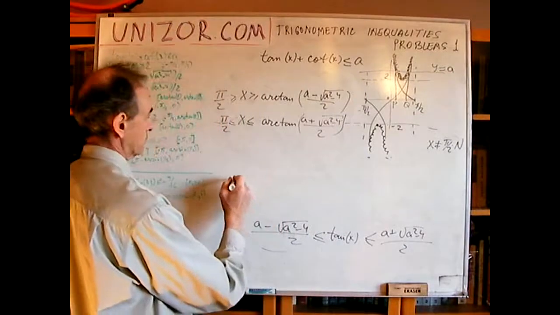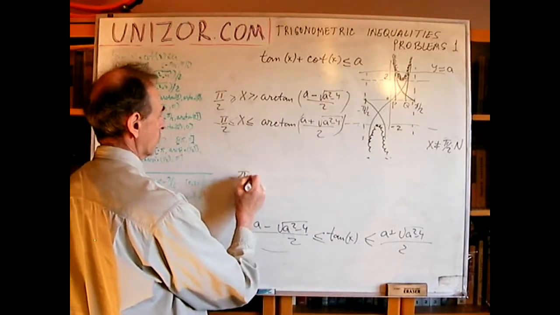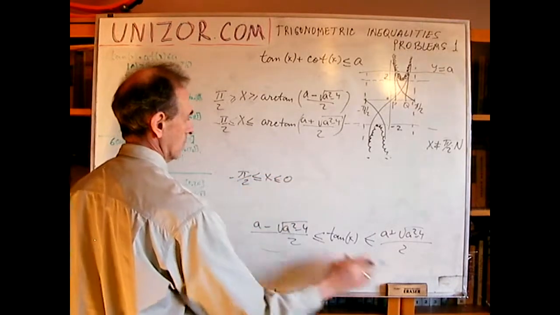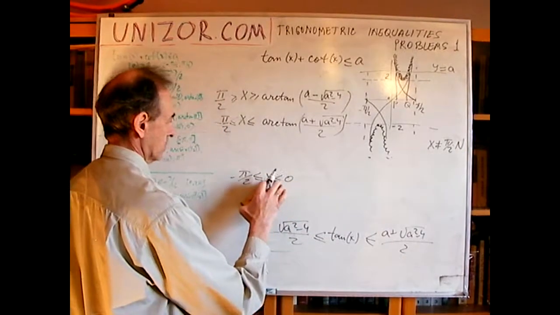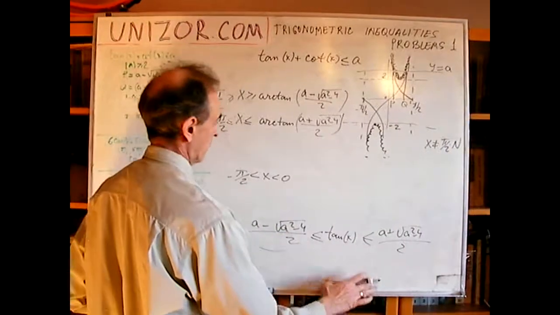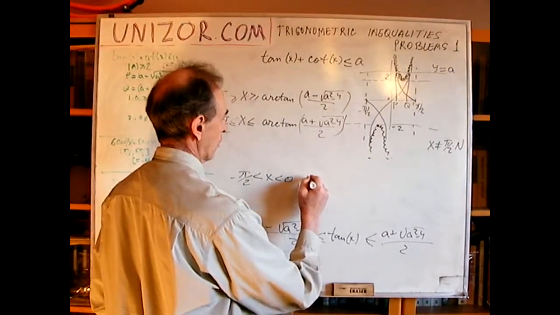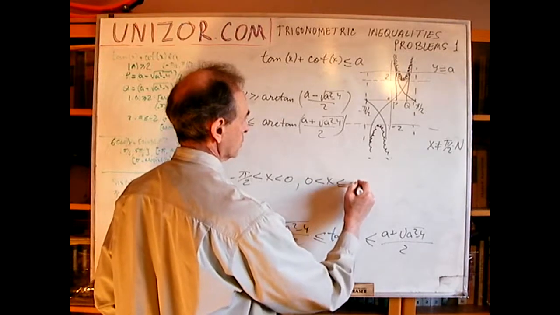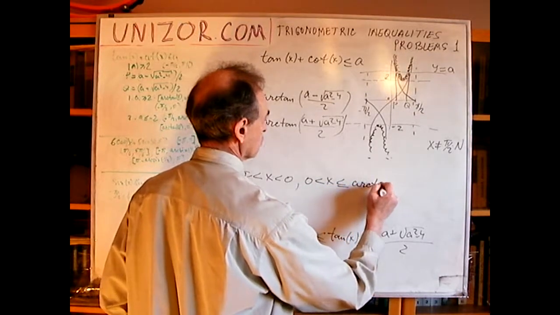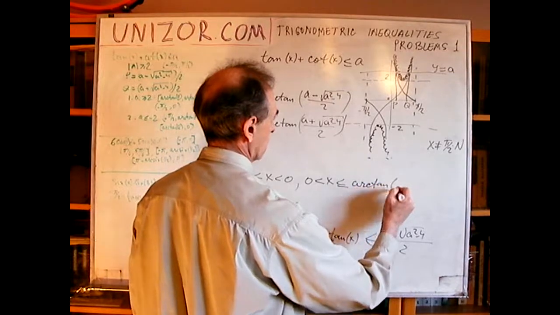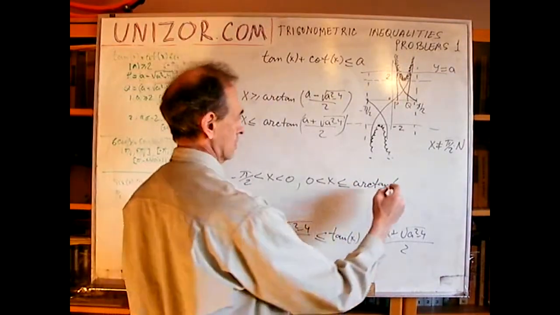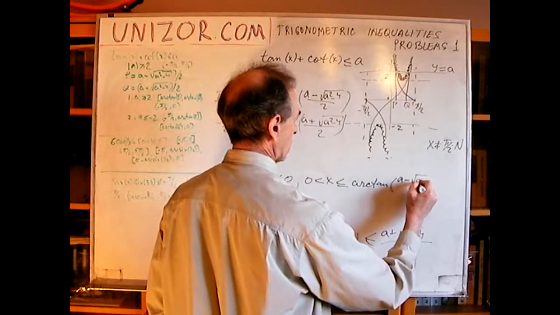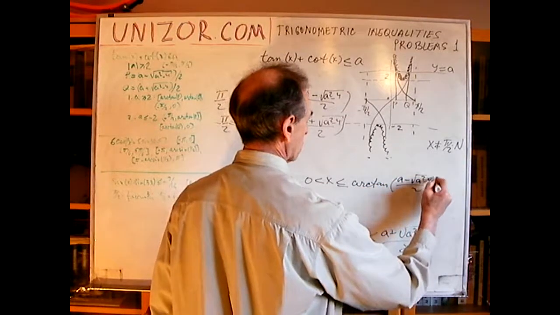So we will have from minus pi over 2 to 0, except we don't have equals, obviously. And then we have from 0 to, including, arctangent of this expression, which I call P, a minus square root of a squared minus 4 over 2.